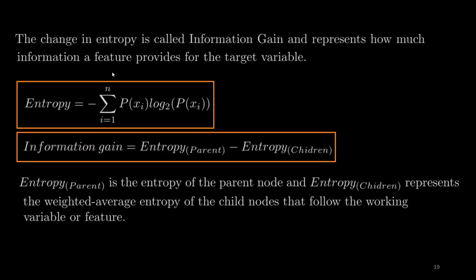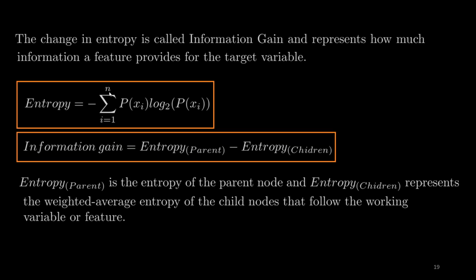Now, why do we calculate entropy? Basically, we want to calculate the information gain so that we can construct our tree from it. Information gain is the difference between the entropy of the parent node and the entropy of the children nodes. But how do we calculate entropy? This is the equation for the calculation of entropy.